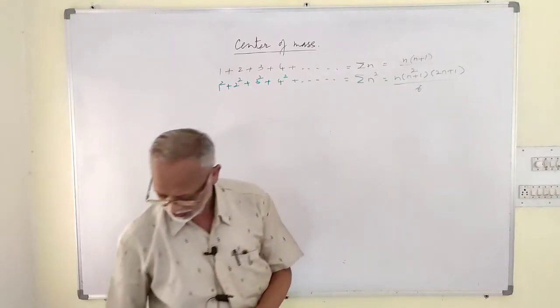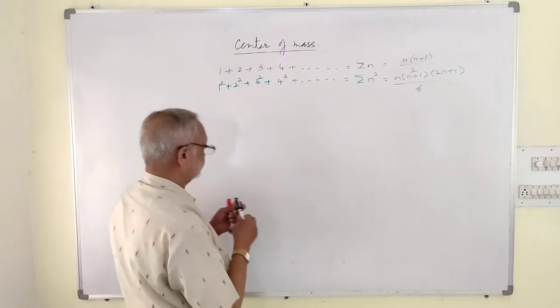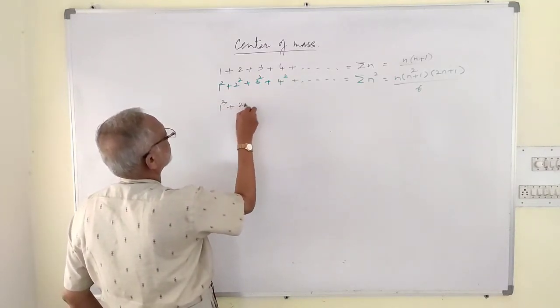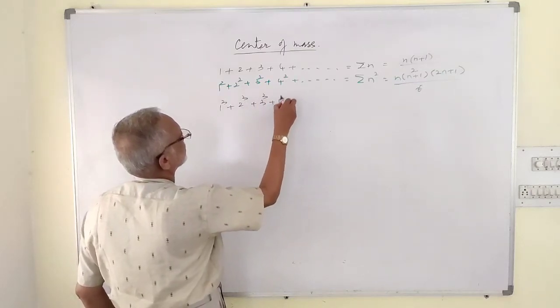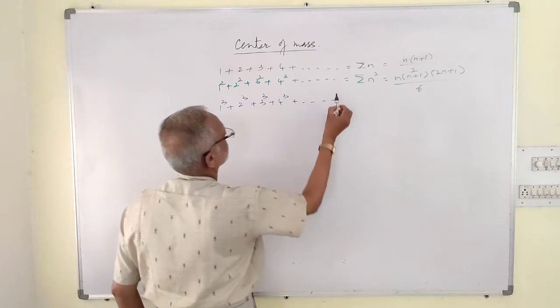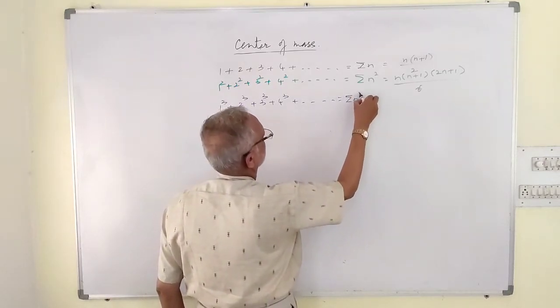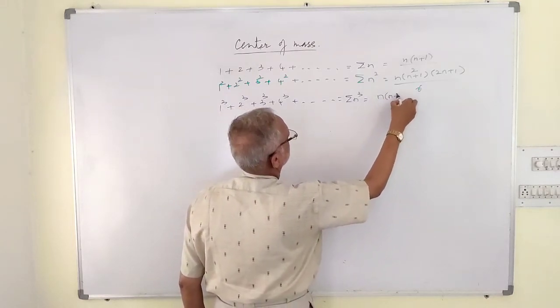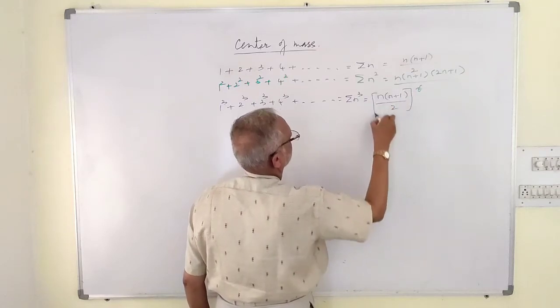We can have another series, sum of cubes, 1 cube plus 2 cube plus 3 cube plus 4 cube and so on. That is sigma n cube is equal to n into n plus 1 by 2 whole square.